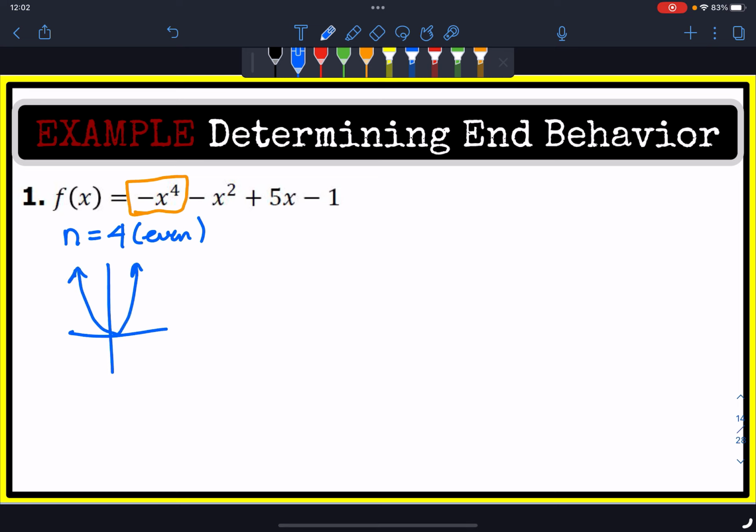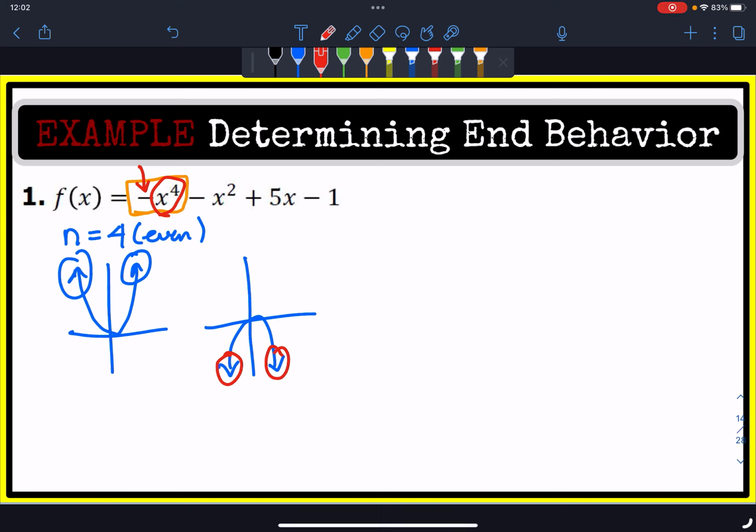And the left end and the right end are going to either be pointing up or pointing down. Since the number that we're multiplying the x to the 4th power by is negative, the two ends are going to be pointing downwards.